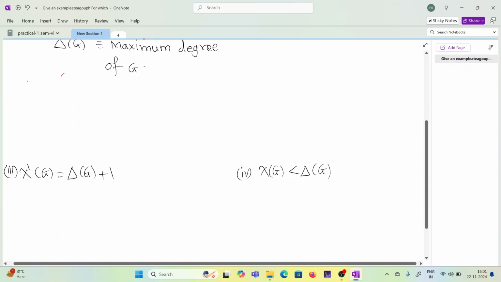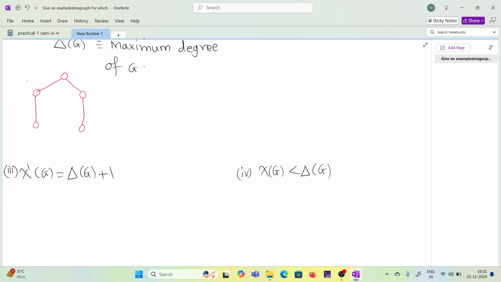So here I am drawing K6. K6 means complete graph on 6 vertices.